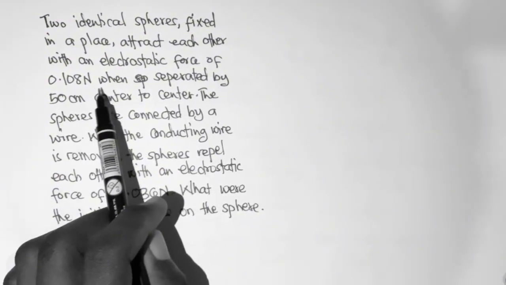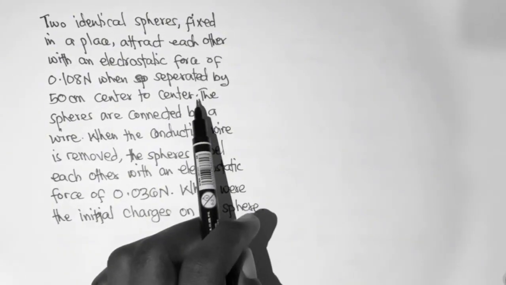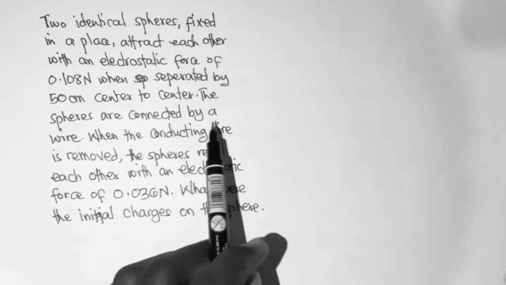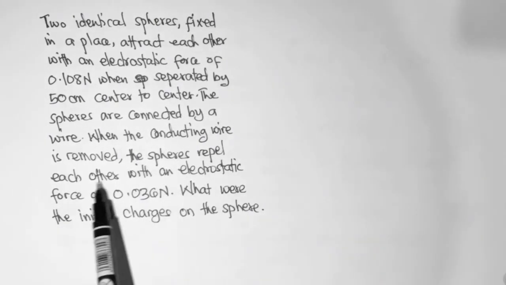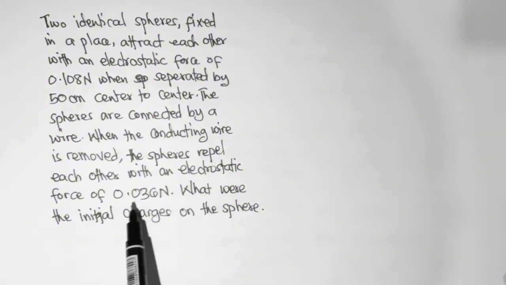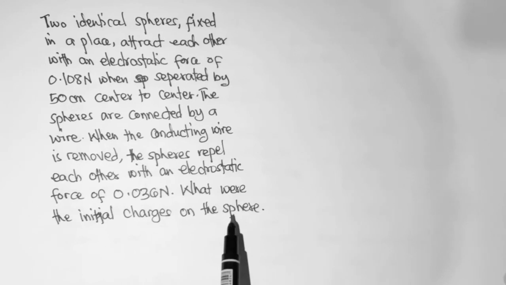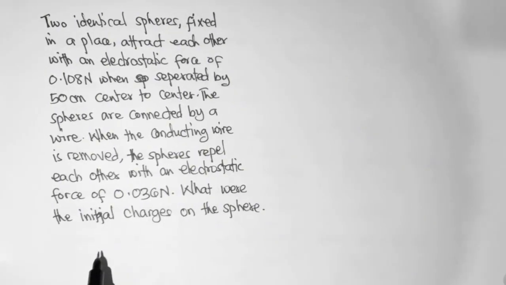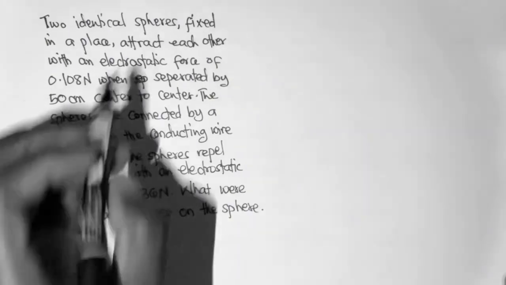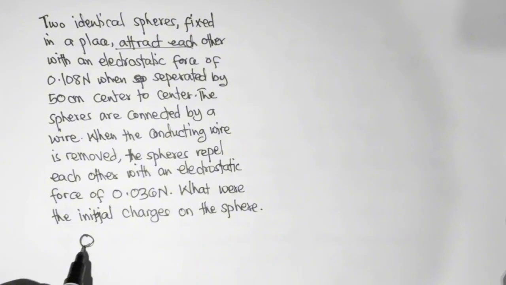Two identical spheres fixed in place attract each other with an electrostatic force of 0.108 newtons when separated by 50 centimeters center to center. The centers are connected by a wire. When the conducting wire is removed, the spheres repel each other with an electrostatic force of 0.036 newtons. What were the initial charges on the spheres? So we have these two spheres. Since they attract each other, they are spheres of opposite signs.